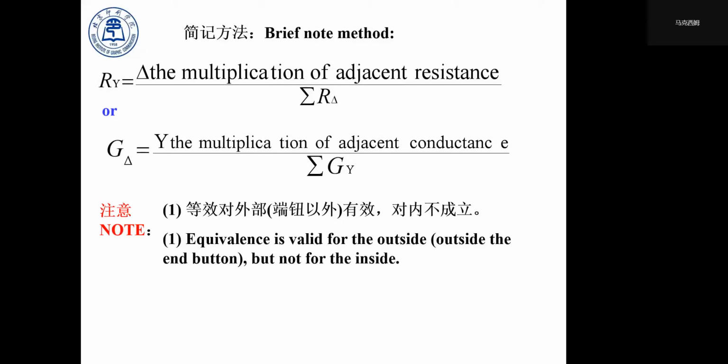The numbers are not equal, and the structure is not equal. So we only have the equivalence to the outside world. But that's enough. Sometimes we only need to know how it responds to the outside world. We don't need to know exactly what happens inside, right?